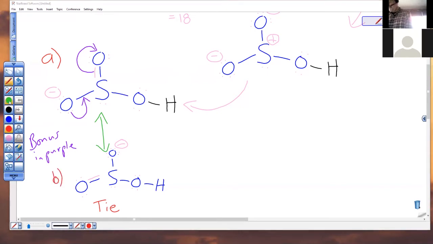And not asked for here, but good for educational purposes. Tell me what you would get if you resonated this lone pair and then dump the lone pair back on the O here. And that should have been in purple, just to be consistent.